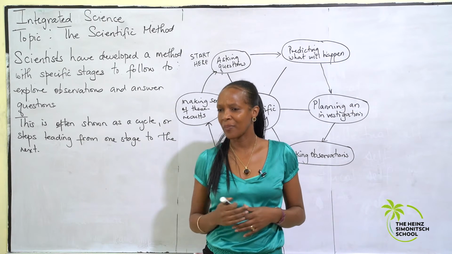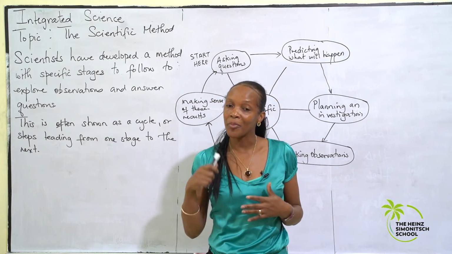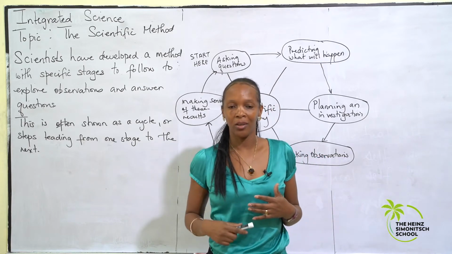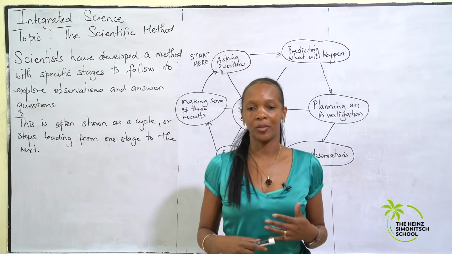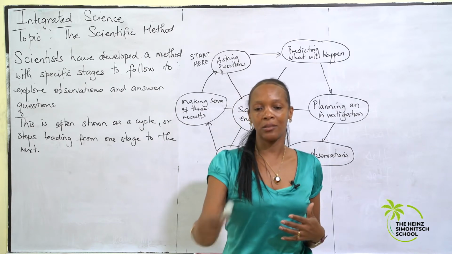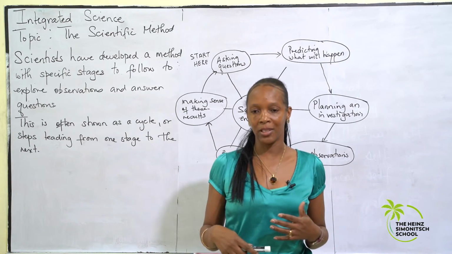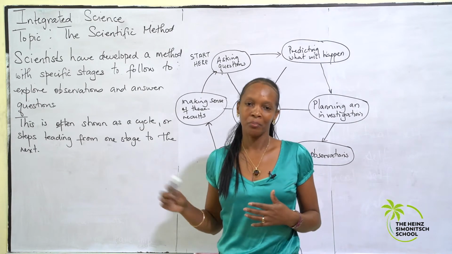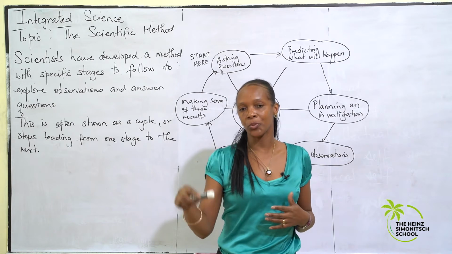Then you're going to say, I wonder what makes it grow. And from there, your scientific inquiry or your investigative skills are developing. So it's like being a little detective. You see a crime committed, you think you know who did it, but you have to follow procedure in order to prove it.